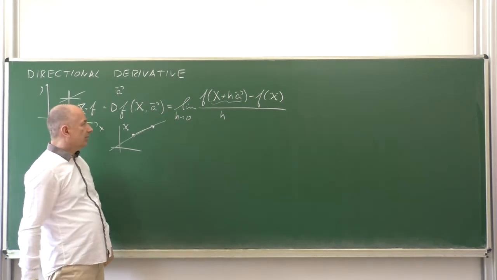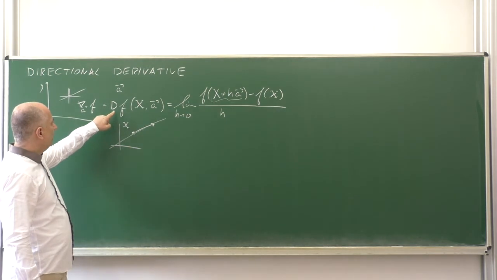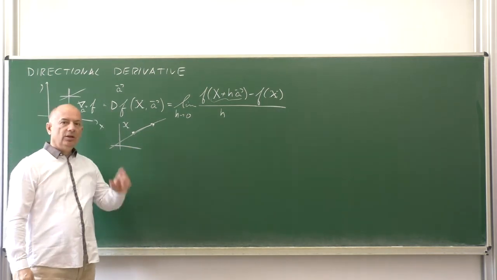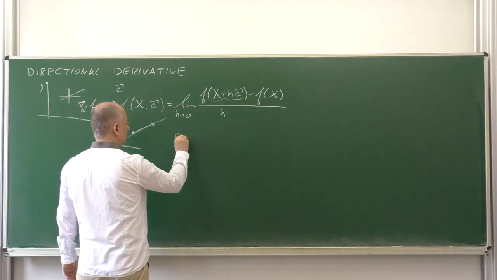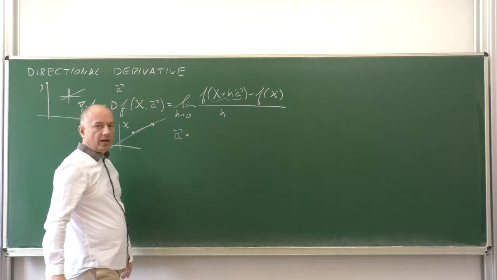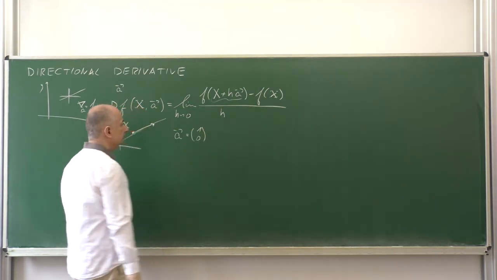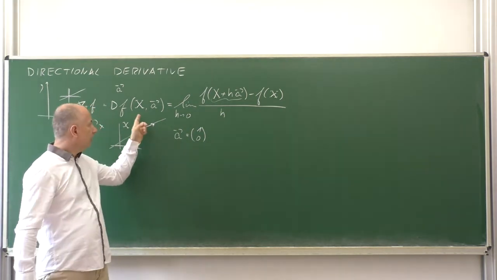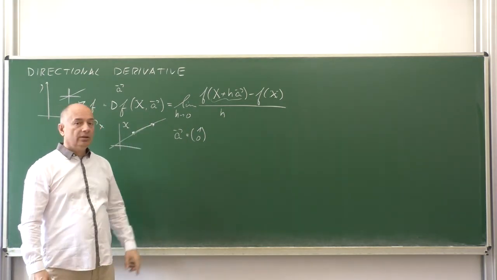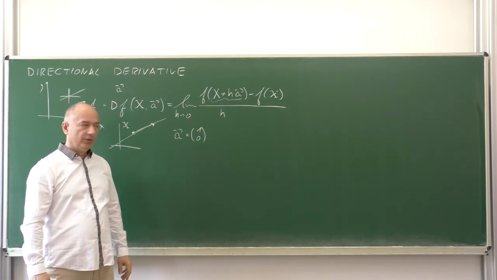Okay, let's consider some example. Well, perhaps we could relate the directional derivative to the partial derivatives. If we choose the vector A, given the direction, to be vector 1, 0, then the directional derivative along this vector is the partial derivative with respect to x.